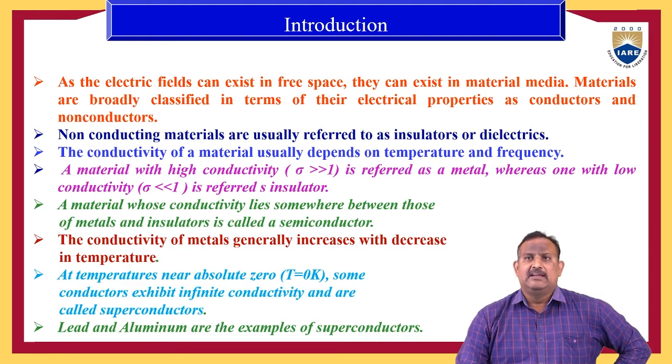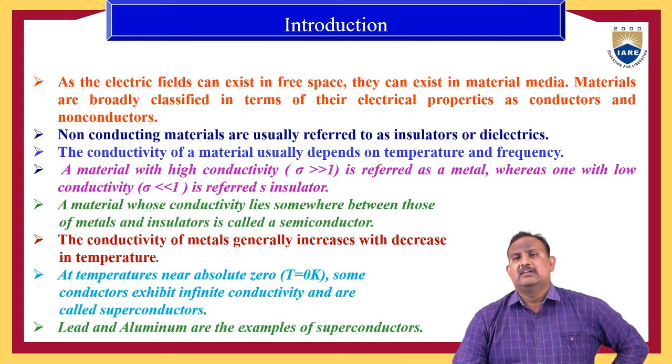A material with high conductivity, where conductivity sigma is very much greater than 1, is referred to as a metal. One with low conductivity, where sigma is very much less than 1, is referred to as an insulator.